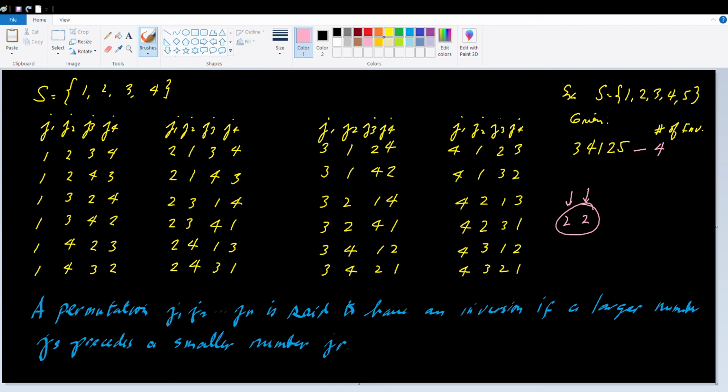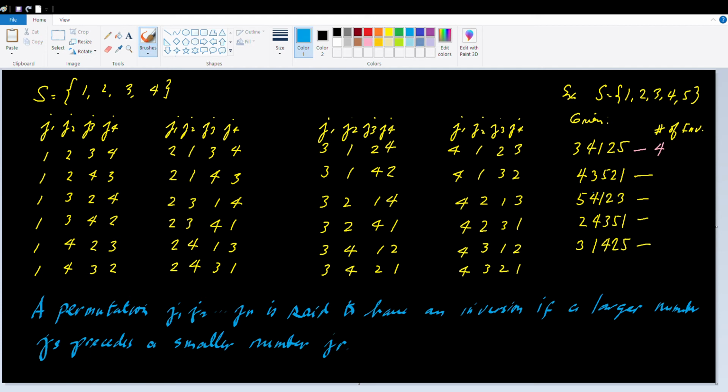So will you try counting the number of inversions for the following permutations? 4, 3, 5, 2, 1; 5, 4, 1, 2, 3; 2, 4, 3, 5, 1; and 3, 1, 4, 2, 5.